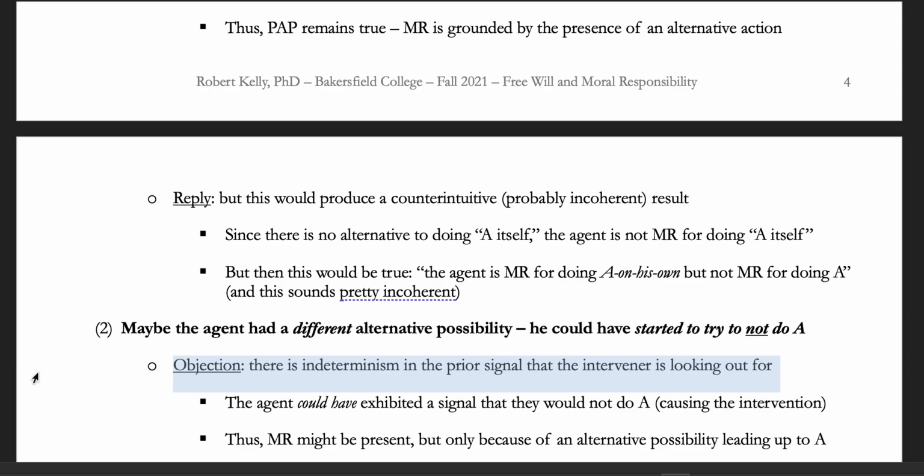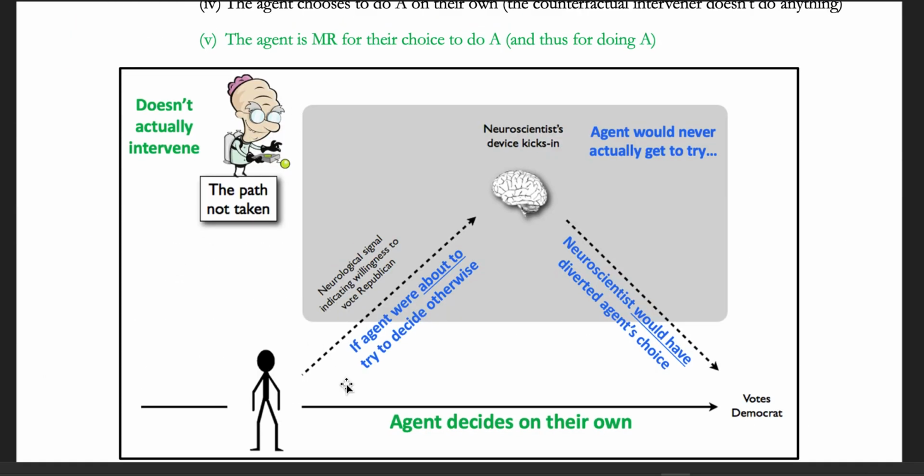Right? So the objection says there's indeterminism here. There's indeterminism in the prior signal. The intervener is watching for this signal that he's going to start to try to do A. But that initial situation right here, where they're deliberating, there's indeterminism. He could start to try to do A, could not. Looking for this signal is indeterministic, right?